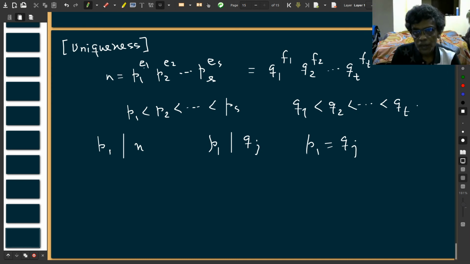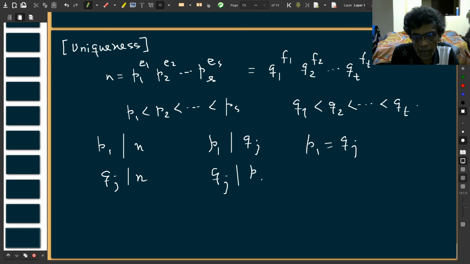Now, once again, if I do the same thing, qj divides n, so qj divides this product, and once again, by this result, qj must divide some pi, that is, qj is equal to pi.